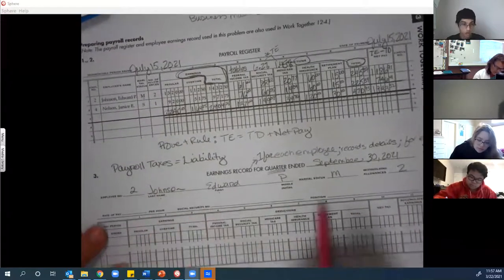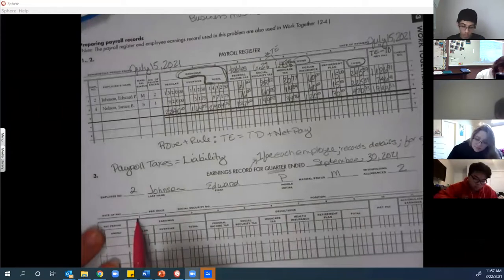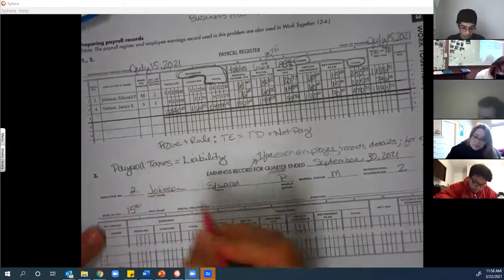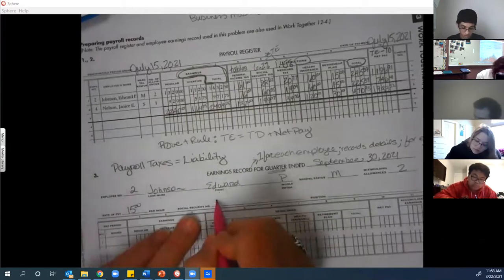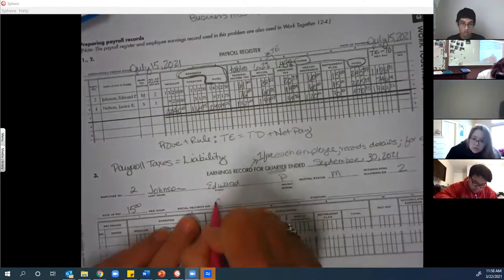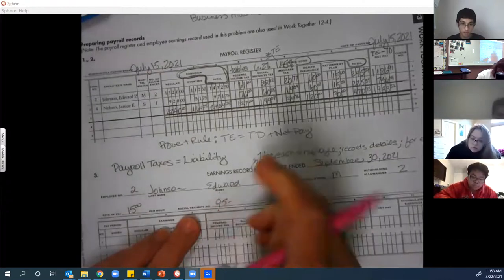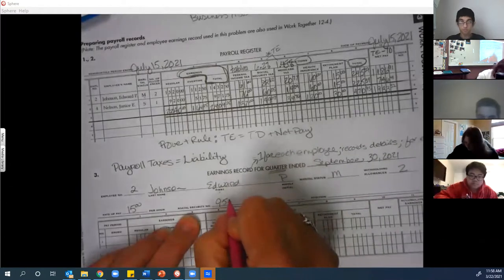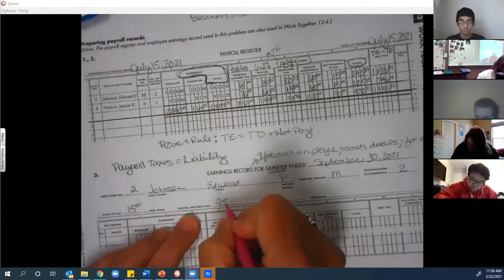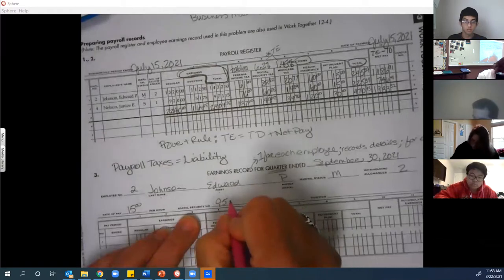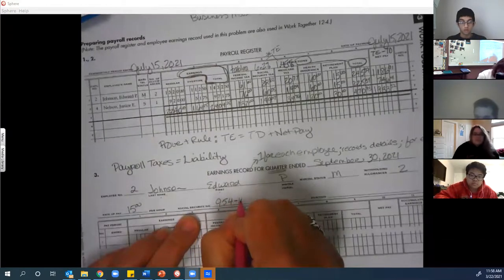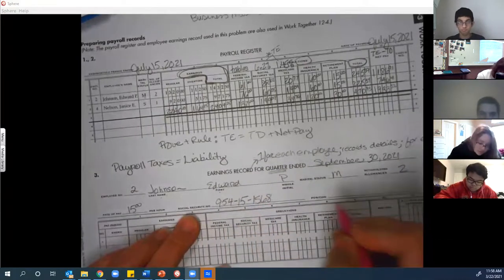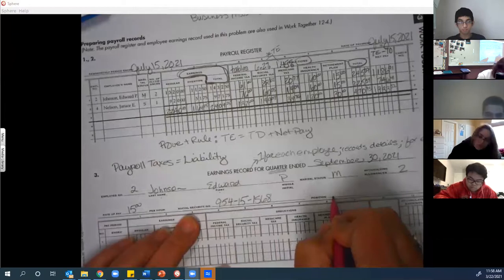The rate of pay, this stuff right here, is going to have to come from your book. It tells you that he makes $15 per hour. His social security number, remember, that's important for the IRS, or an employee identification number, I think it's called an ITIN. And his position is sales manager.